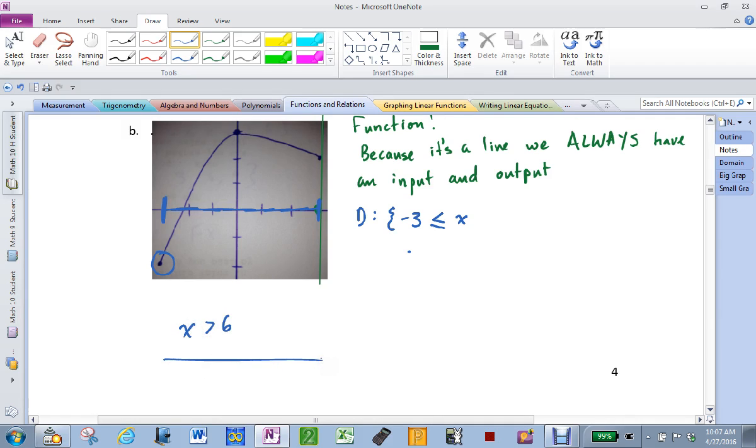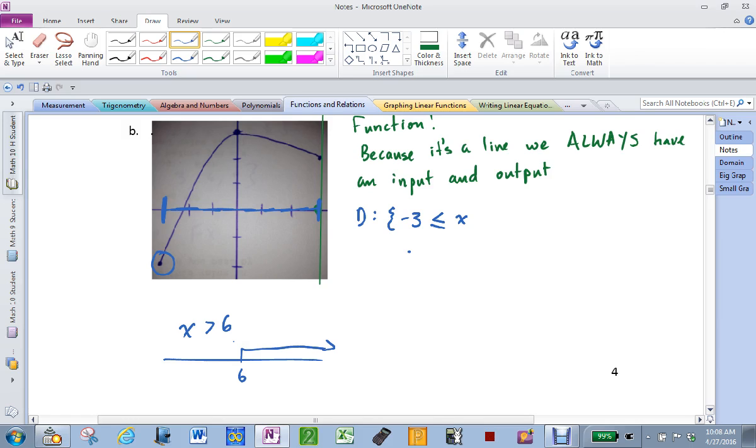Graph that from grade 9. What's the only number that matters? 6. And all the values have to be greater than 6, yes? So we're going to go greater than 6. Is 6 allowed? No, why? Because 6 isn't greater than 6. So what did we do here that made 6.000000000000000000000000001 allowed, but not 6?